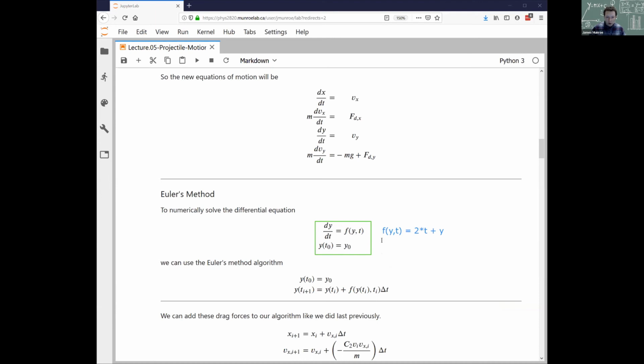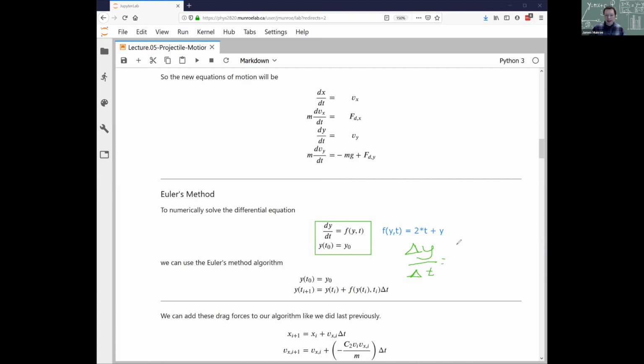What we're going to do to solve this problem is take this derivative and rewrite it as a finite difference. We're going to write this derivative out as a change in y. I apologize, my ability to write with a mouse is not so great. We're going to write the derivative not as dy dt, but as delta y over delta t.